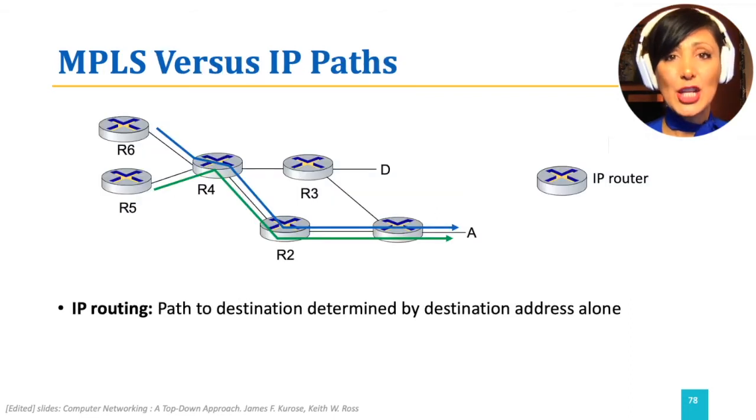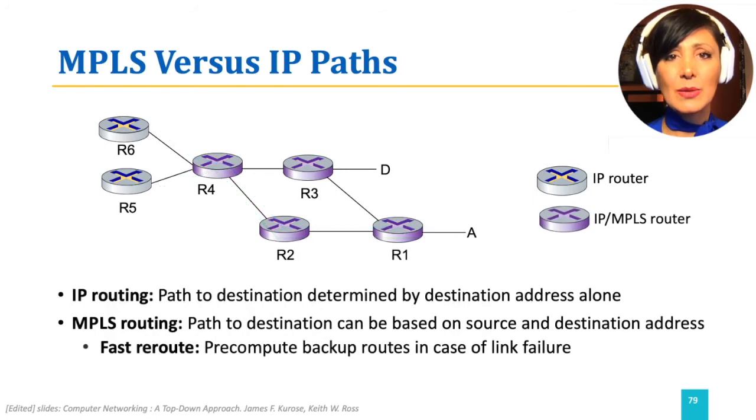In destination-based IP routing, path to destination is determined by destination address only. However, using MPLS routing, path to the destination can be based on source and destination addresses. In that sense, it enables different flows of traffic to follow different paths and enables traffic engineering.